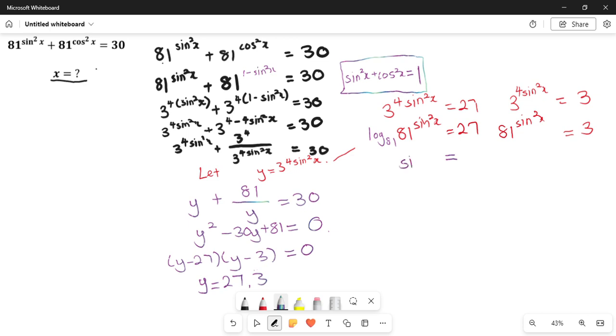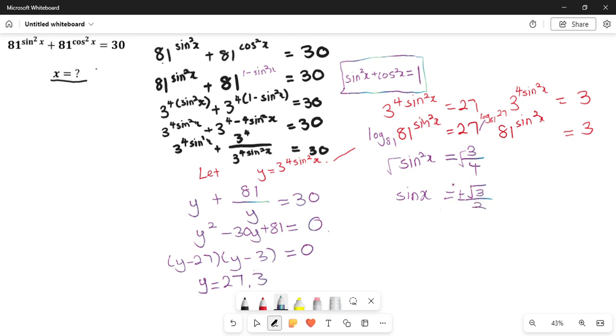Sine square x equals log base 81 of 27, which is 3/4. I'm just gonna square root both sides, so sine x equals plus minus root 3 over 2.